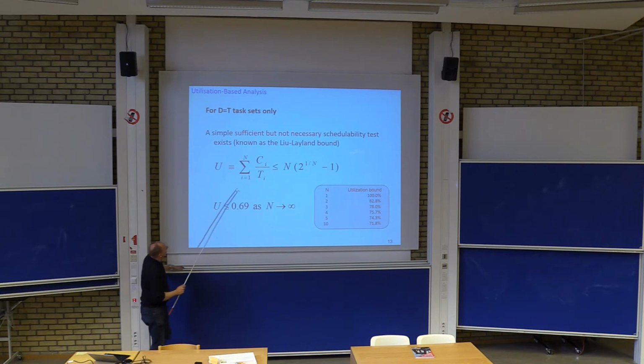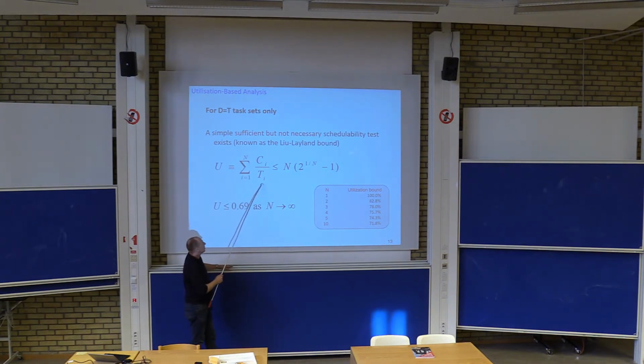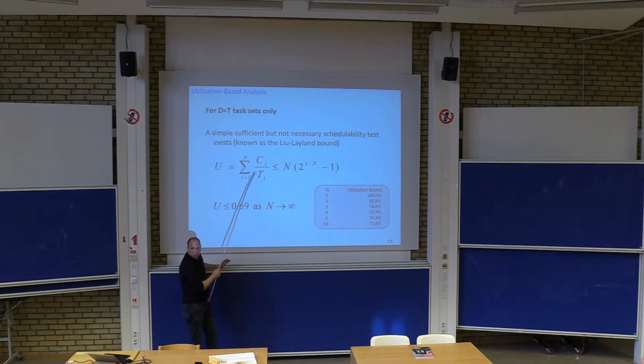So basically, if we look at this, U here is the utilization. And then we make a summation here over all the tasks. So we start with task 1, and then we basically take the worst case execution time for task 1, divide it by the period of task 1. So what do we get here?